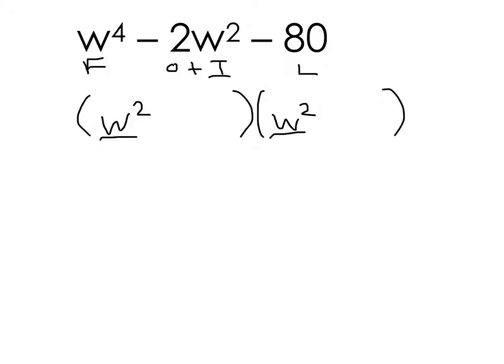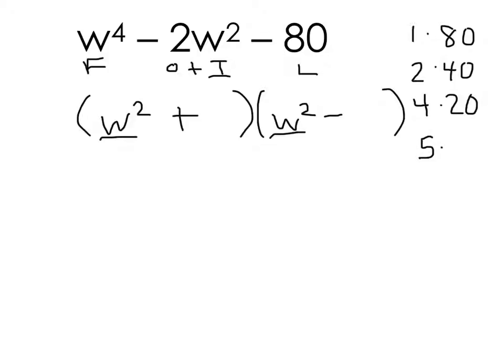Our last term is negative 80, so it's got to be a plus and a negative. 80 is 1 times 80, 2 times 40, 4 times 20, 5 times 14. It's not 14, it's 16. Let's see, what's next? What else could it be?